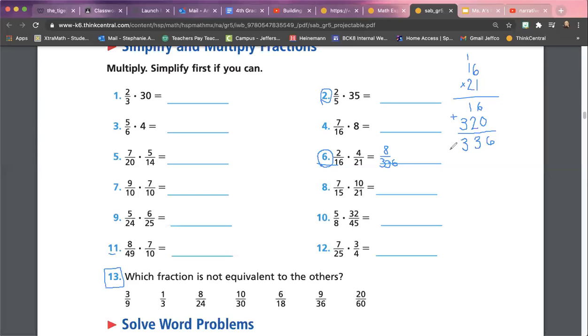Justin, should we try dividing it by 2? Should we try dividing it by 4? What do you think? I think we should divide it by 4. Let's try 4 to start with, because that'll make it simpler. Yeah, I know 8 goes into 336, I think.